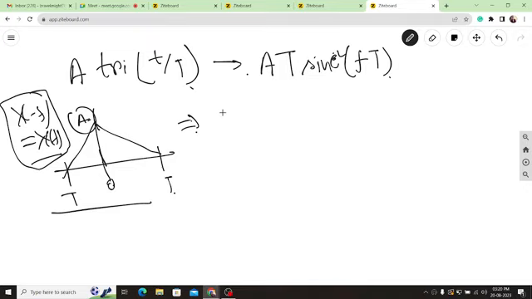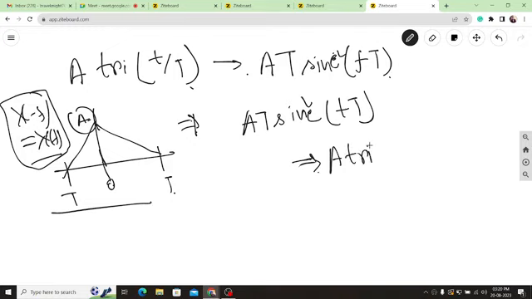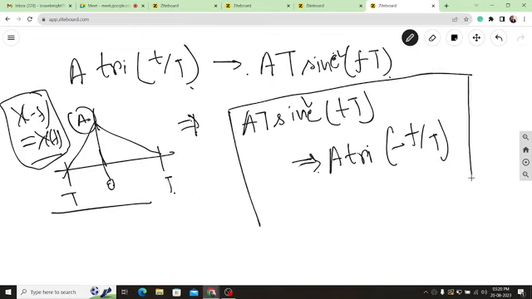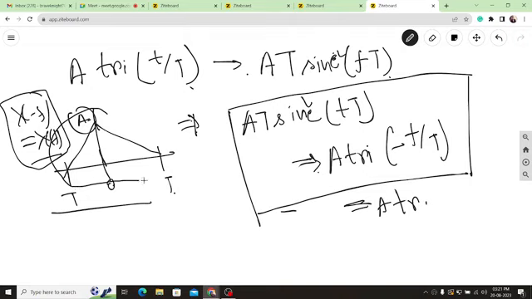Following this, we can write that if we have a time domain signal AT sinc square Tt, that will have a representation of a triangular function of minus f by T. That is equal to, this negative value has no meaning as the triangular function is symmetric with respect to 0.